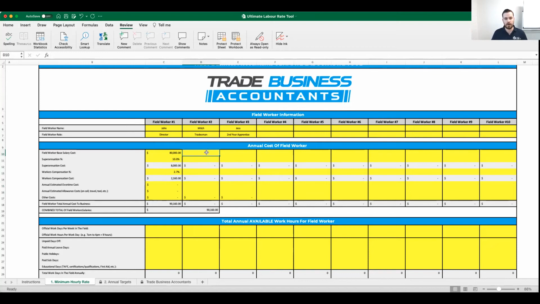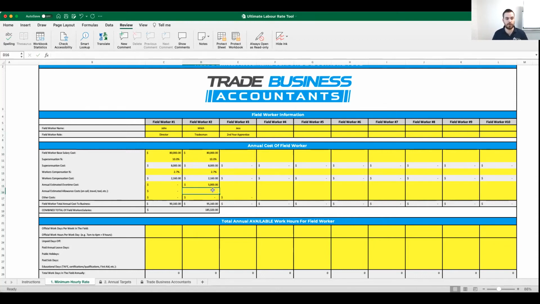Now, for Mitch, we're going to assume he's got a base salary of $80,000 as well. It's important to note, this is the before-tax salary. This is their base salary. This is what you're actually paying. Here we'll do 10% superannuation, 2.7% workers' comp. Now, Mitch is a tradesman, he's an employee, so we are going to start factoring in some costs. We're going to assume that over the 12 months, we're projecting $5,000 in overtime costs that are going to accrue over that period.